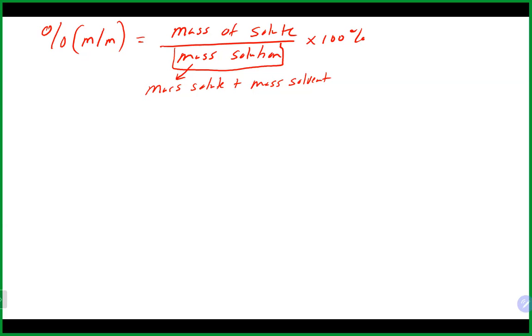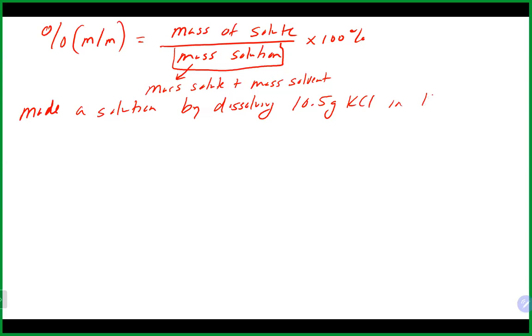So for example, if we made a solution by dissolving 10.5 grams of KCl in 135 grams of water, what is the percent by mass of this solution?